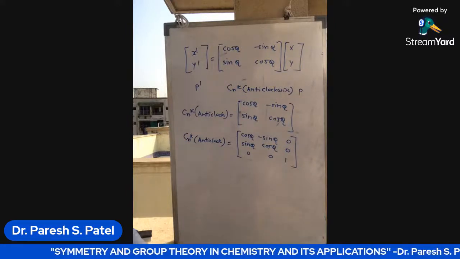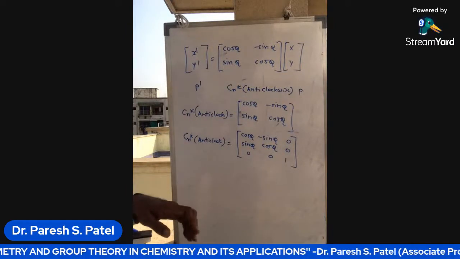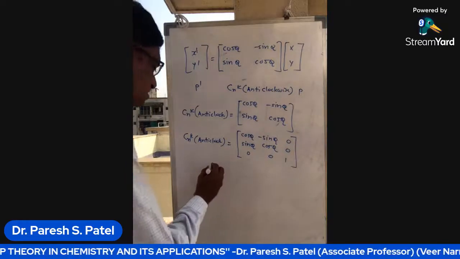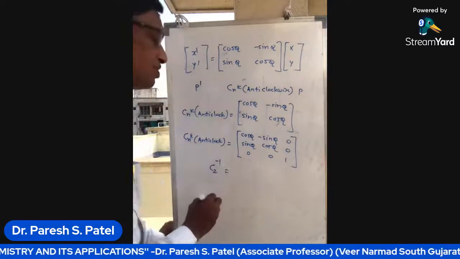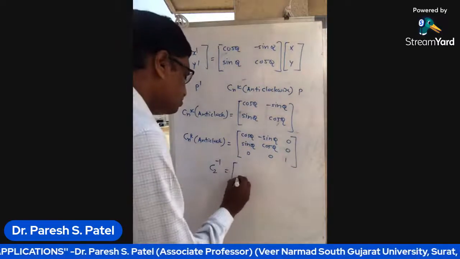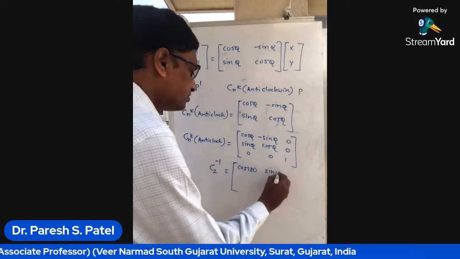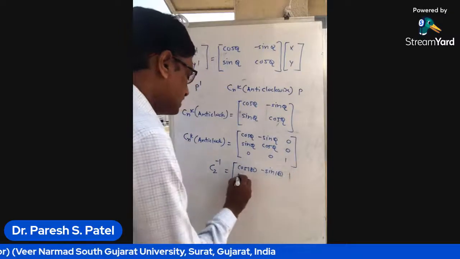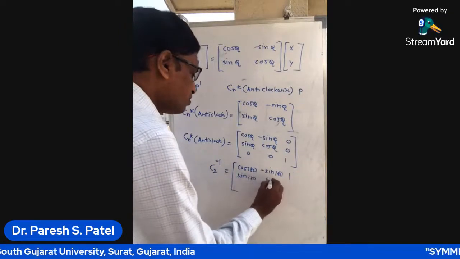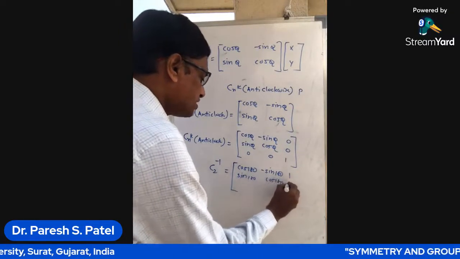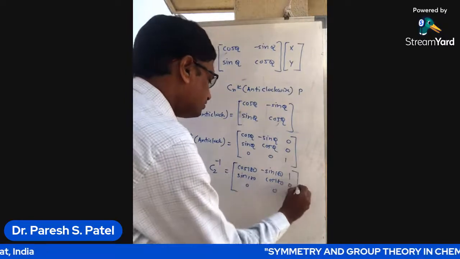So these are the equations and we have to remember them. For example, if you go for C2 inverse, we have to put in the value: cos 180, minus sin 180, 0, sin 180, cos 180, 0, 0, 0, 1.